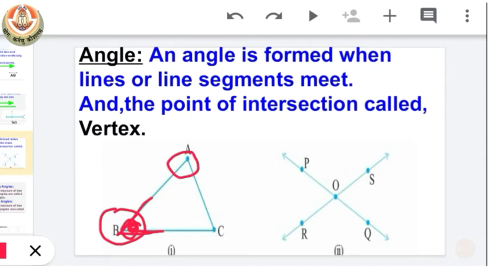Similarly here, point A and point C are vertices. In this case, we have O as the vertex for all four angles.